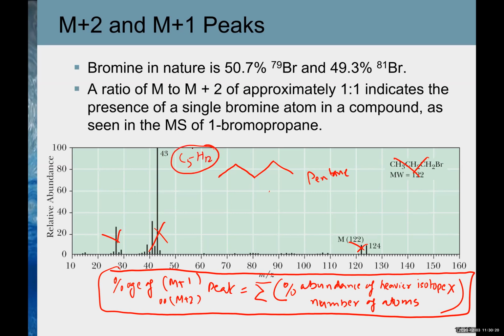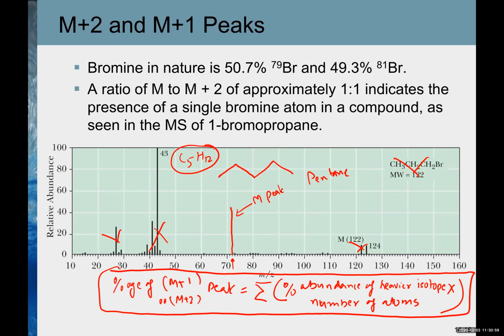Tell me where my molecular ion peak will be. Around 72, because the molecular ion peak will be the same as the molecular mass, which is 72. So my molecular ion peak, called the M peak, will appear here.